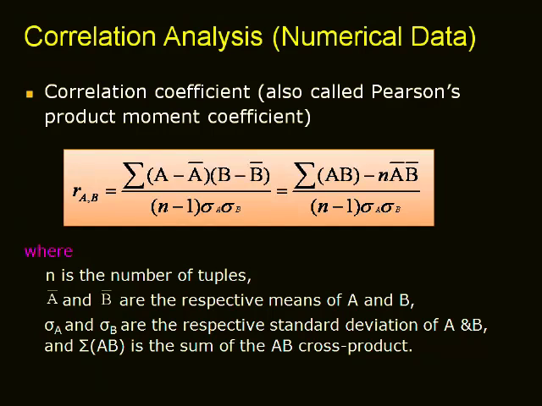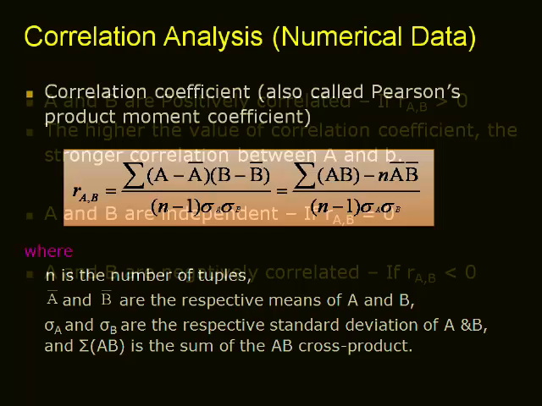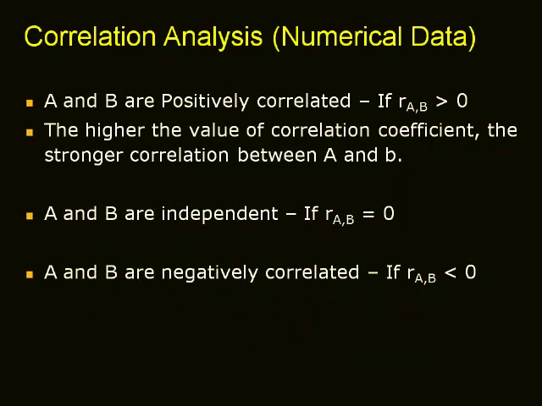By using this formula, when we compute the correlation coefficient, this value tells what kind of relationship exists between one set of values, say A, and another set of values B. The higher the correlation value, the stronger the correlation. It means that the more each attribute implies the other.